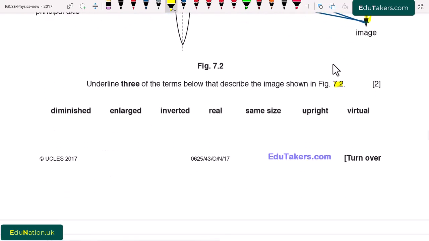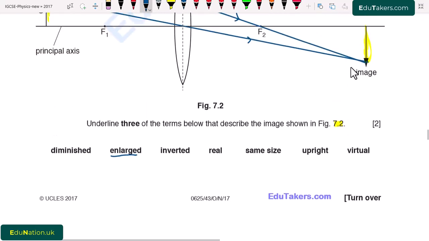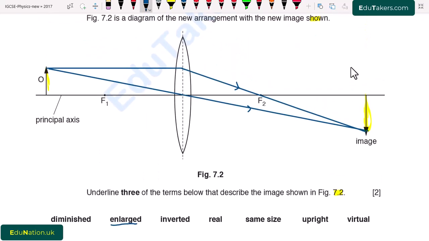I underline here, enlarged. The second thing is that the object is in the upward direction while the image is in the downward direction. So this image is inverted. So I take here inverted.